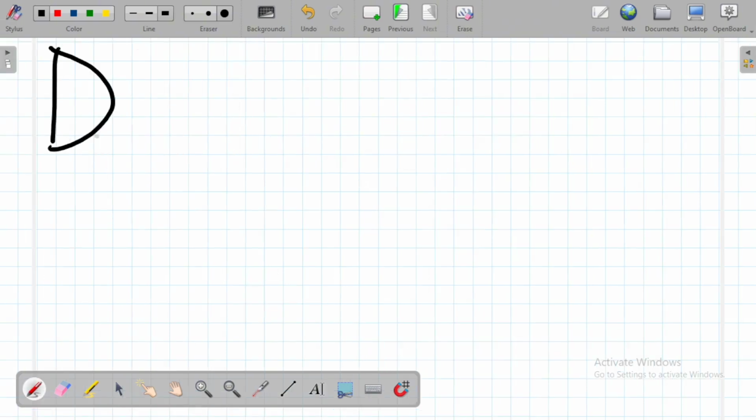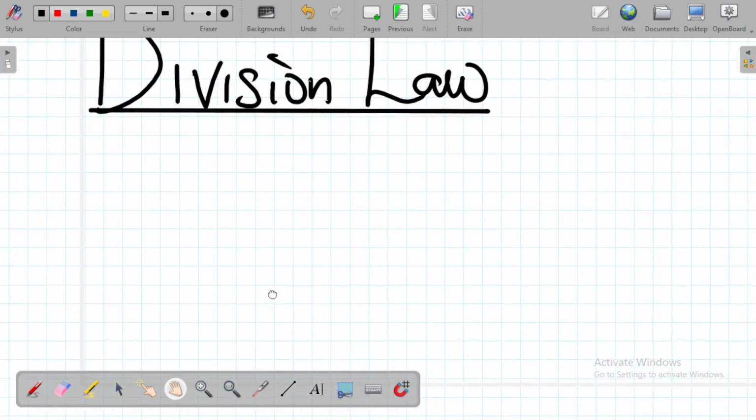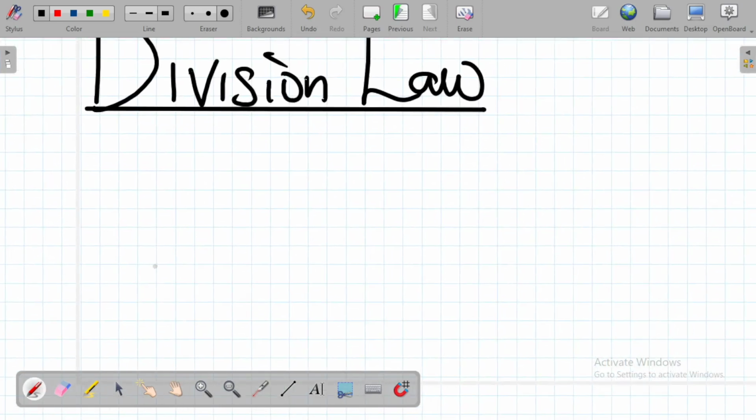All right, let's consider the next, which is the division law. If you have an expression of the same base dividing themselves, simply subtract their powers.